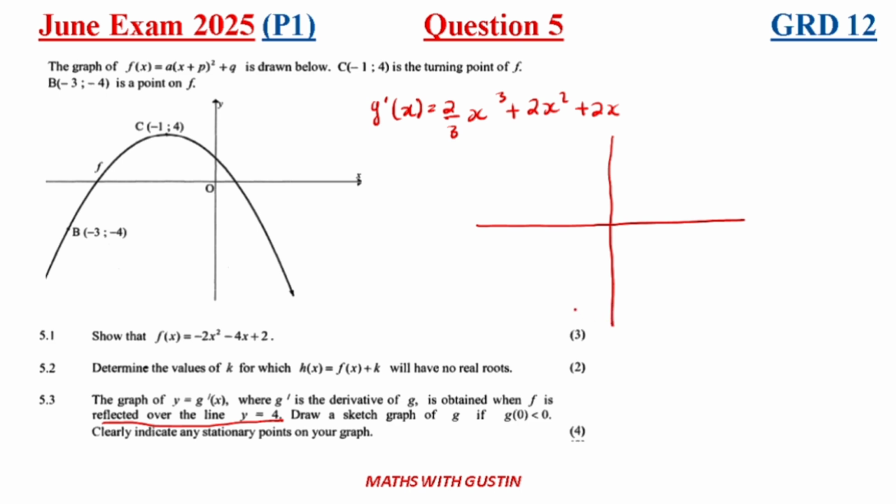Okay, so now the reflection they are talking about is going to reflect this graph here. So it means now what you're going to have, negative 4. So this graph would actually be here. So the graph of the parabola would be like that. Yes, you can see, guys, right?